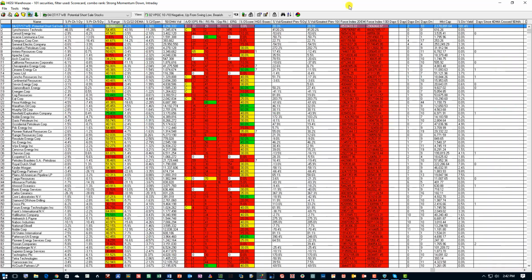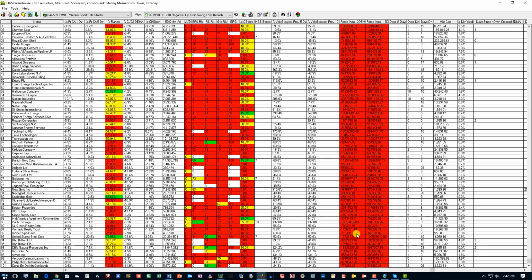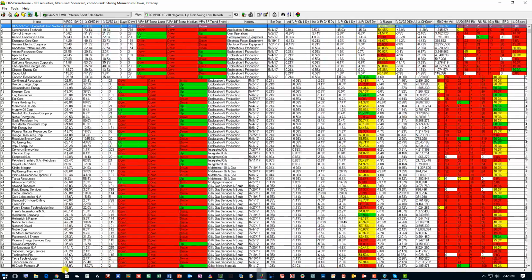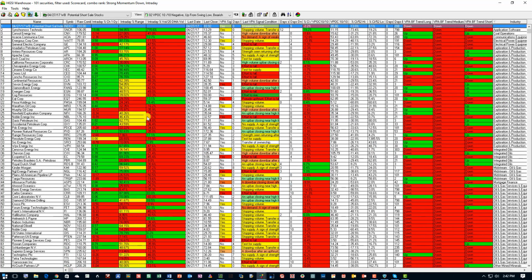These are weak stocks. You can see that the force indexes are a solid red, which means that there has been selling pressure. Yes, these stocks will bounce when they get oversold, and you can see a lot of green in here today.